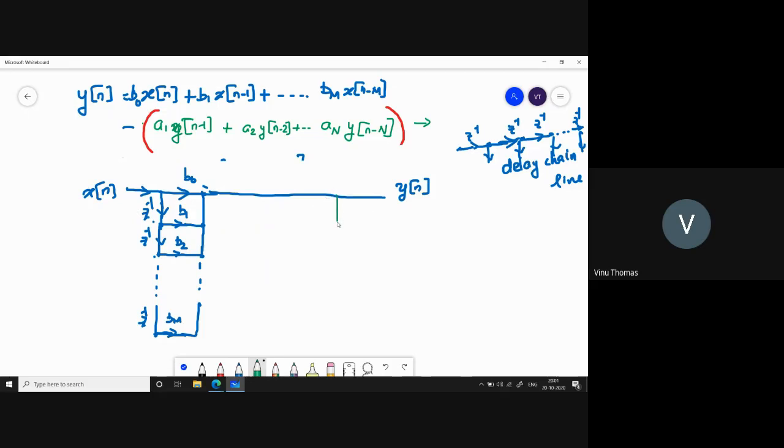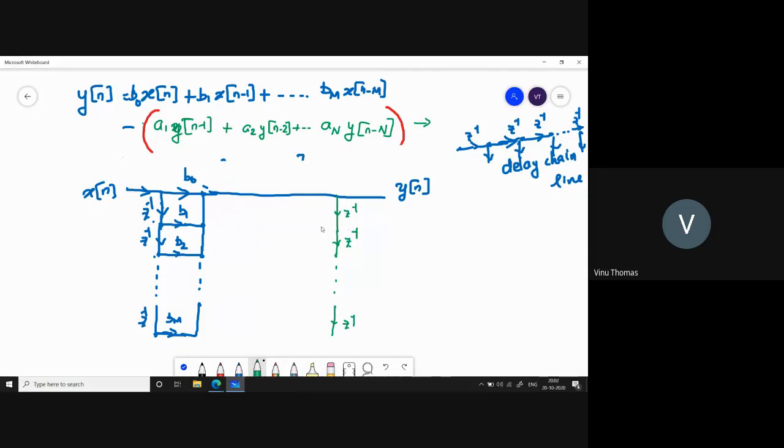Here I have a z raised to minus 1, so you have y of n minus 1 here. You have another z raised to minus 1, and you have y of n minus 2 here. For this illustration purpose, I take n equal to m, so I will write another z raised to minus 1.